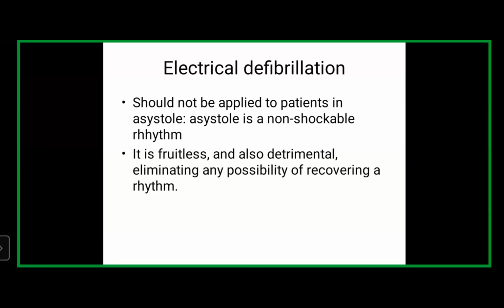So defibrillation may just rule out the possibility of recovering a reading from the heart, most likely from the sinus, or even if it's ventricular, it completely knocks everything out, because the pacemaker, the SA node for instance, is already defective. Then giving a defibrillation over that is completely fruitless anyway. So it's not advisable to give a shock on asystole.